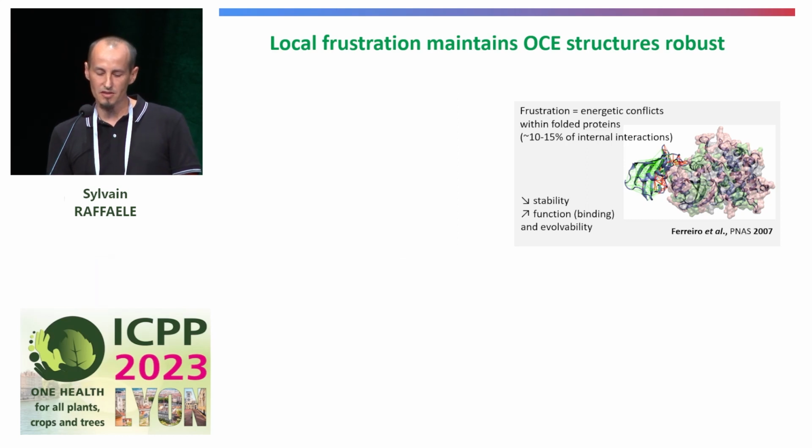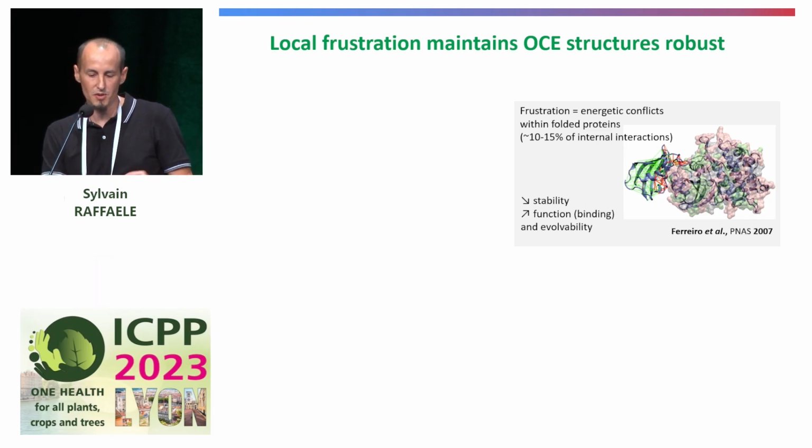So this is quite a frequent property in nature. It's found in about 10 to 15% of internal interactions in all proteins. And so that decreases the stability of the overall folds, but increases the ability to create function through binding with other proteins and also evolvability.